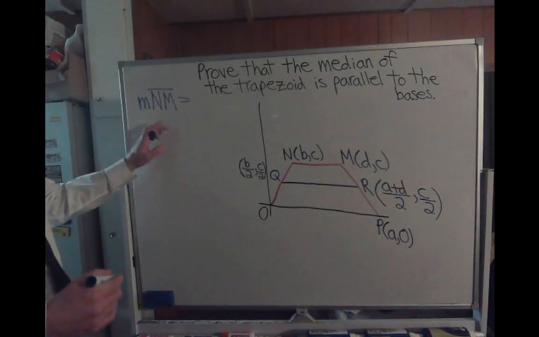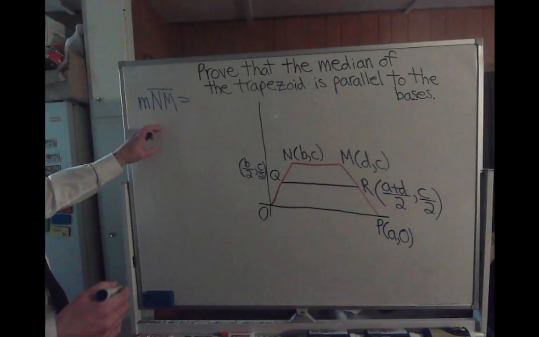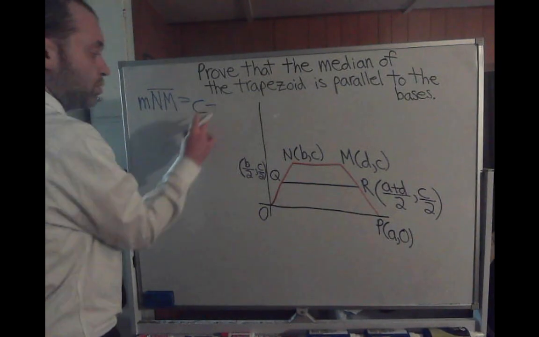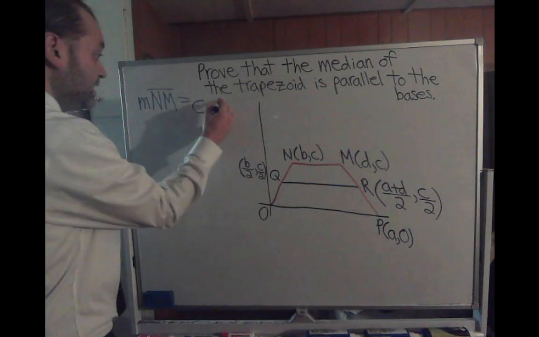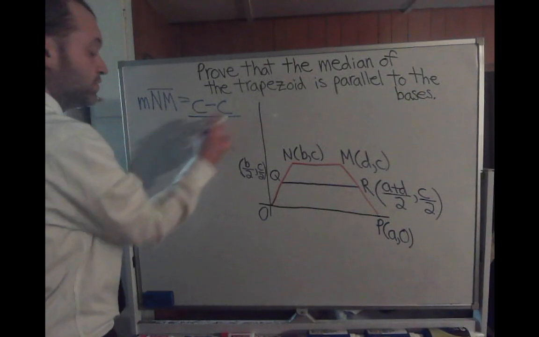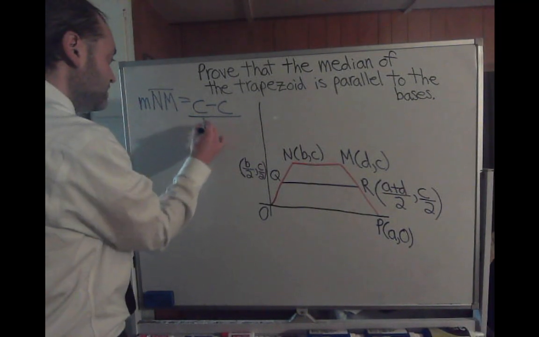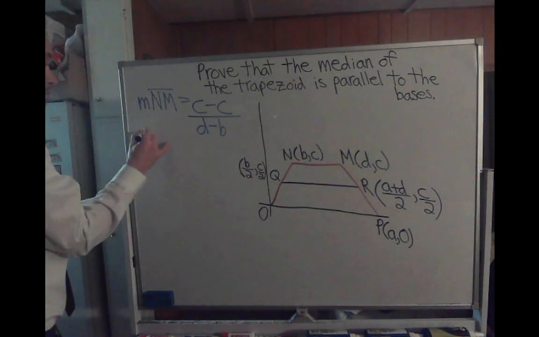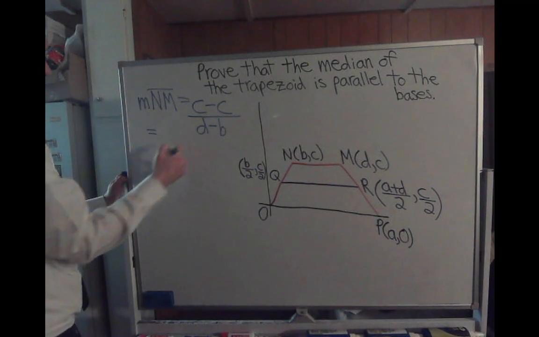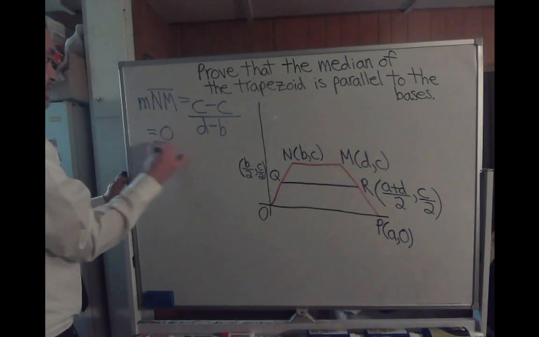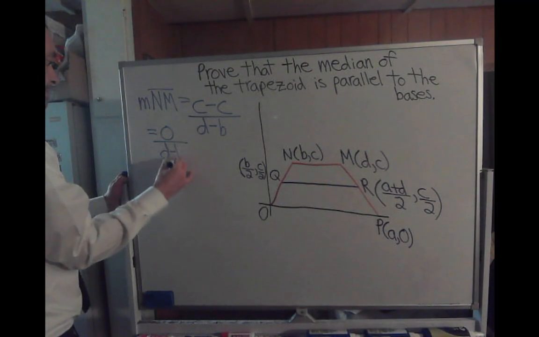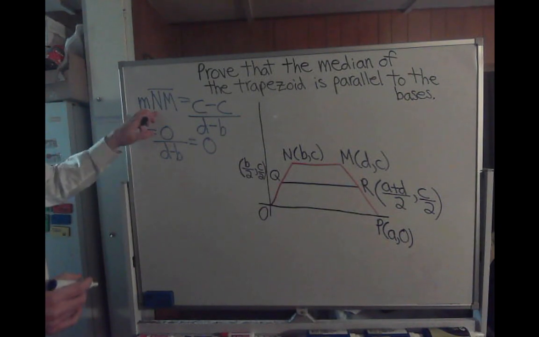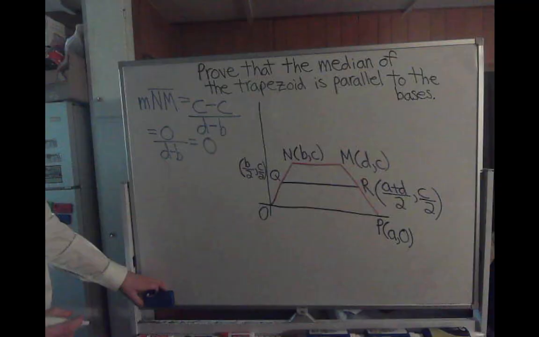So the slope of NM, of course, is going to be your y2 of C minus your y1 of C all over your x2 of D minus your x1 of B. Well, that would just be C minus C is 0 over D minus B, which of course equals 0. So we have a 0 slope on NM.